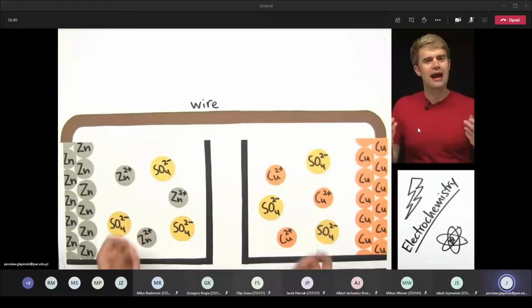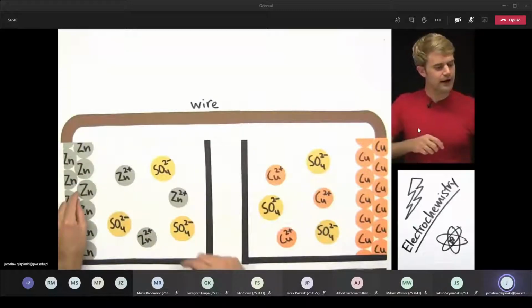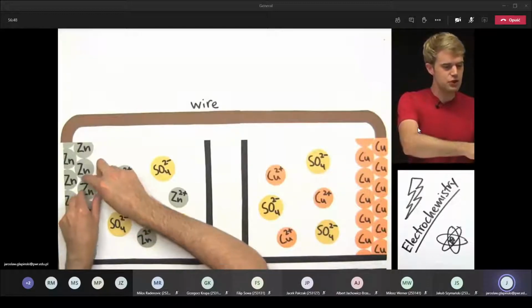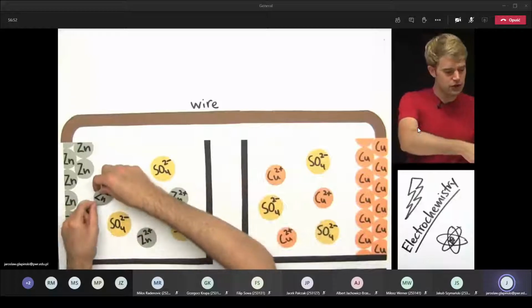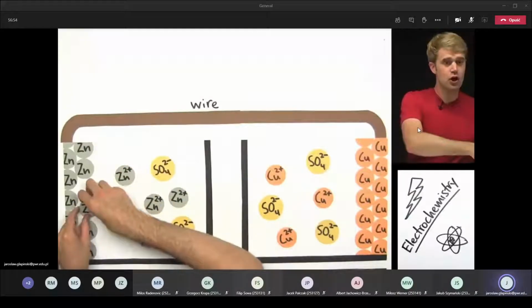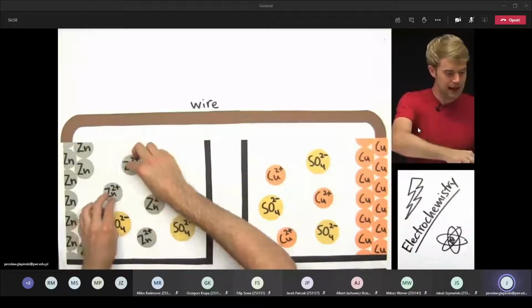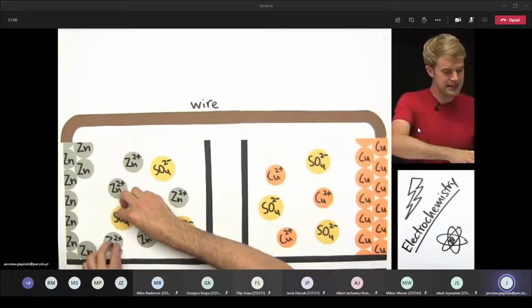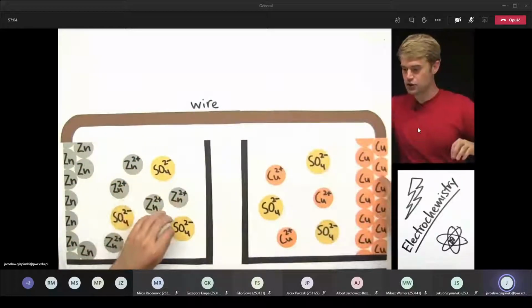But let's look at what happens as the voltaic cell begins to run for a while. Over here, these zinc atoms are going to give electrons to copper, so they are going to end up with a charge. I'm not showing the electrons here, but electrons are getting sent up here as these turn into Zn2+ ions and enter the solution.